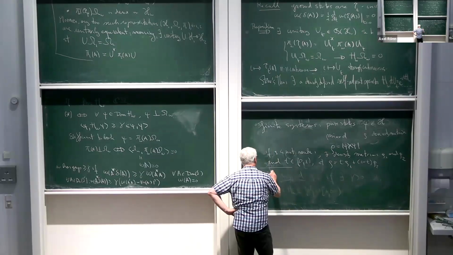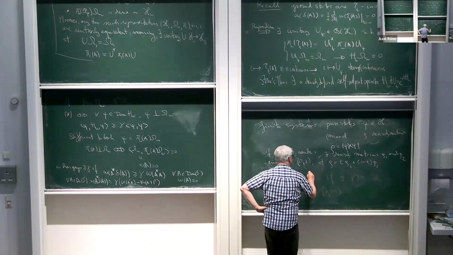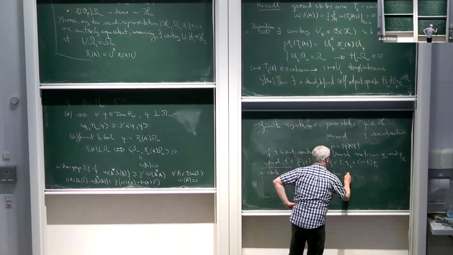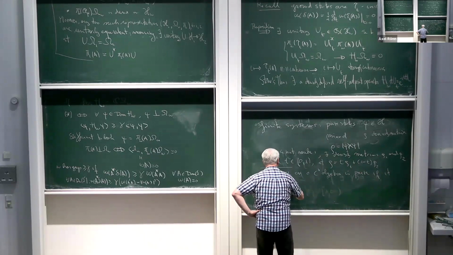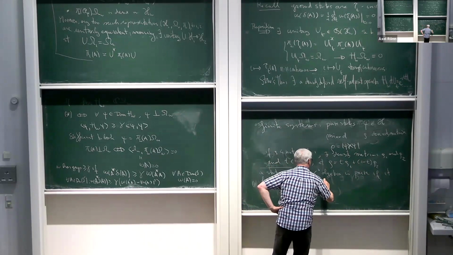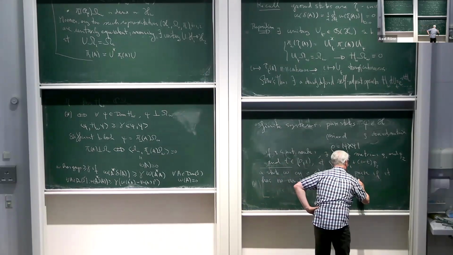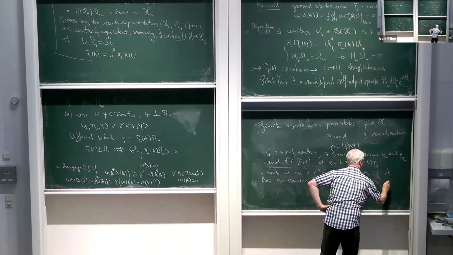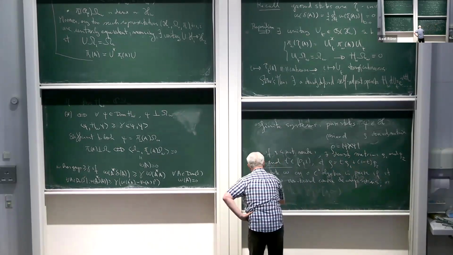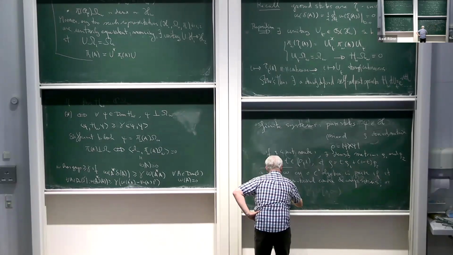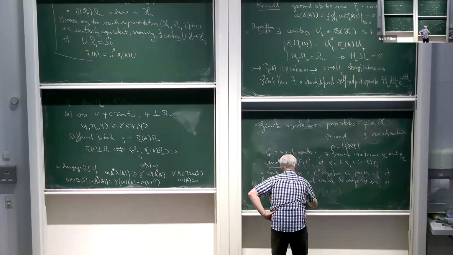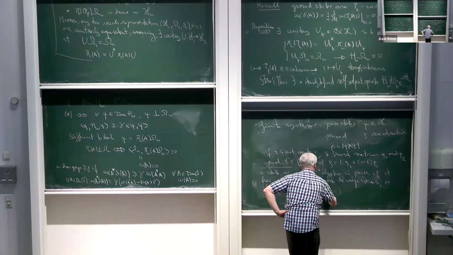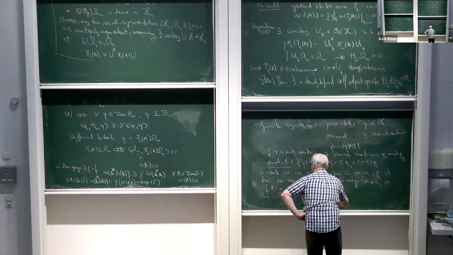So the state omega is pure if there is no non-trivial convex decomposition.